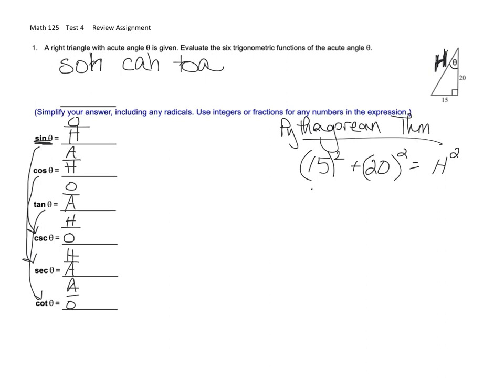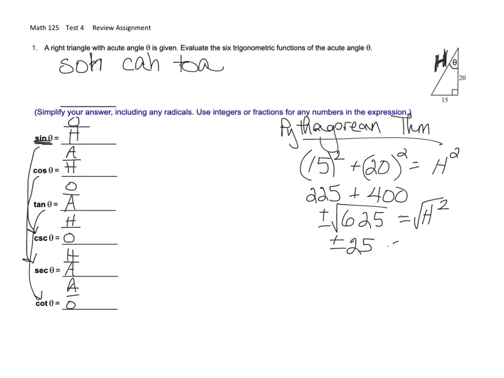So 15 squared is 225. 20 squared is 400. That gives us 625 equals the hypotenuse squared. Now we can use the square root property where we take the square root of both sides, positive and negative. That gives us 25, positive and negative, equals hypotenuse.